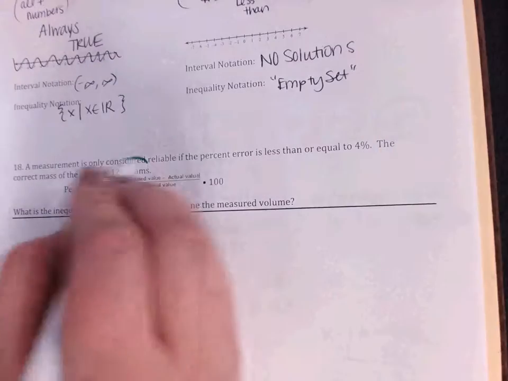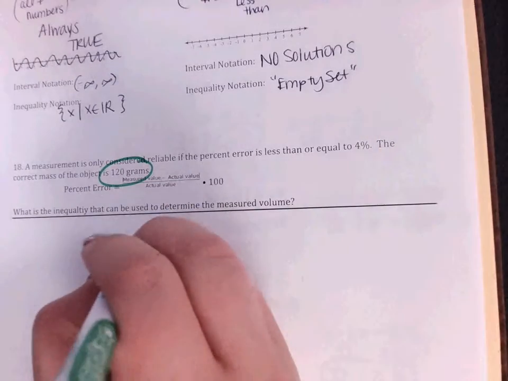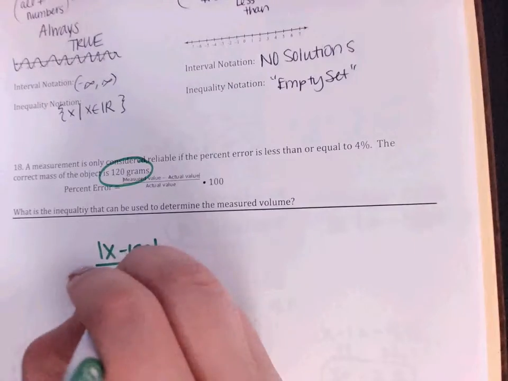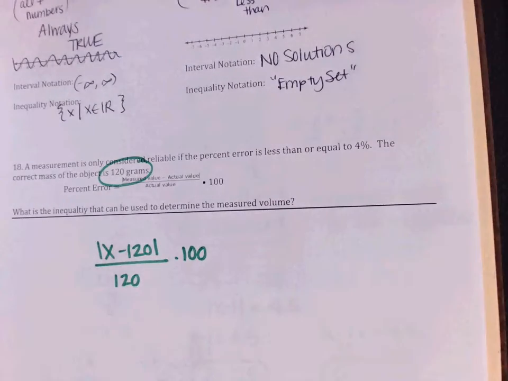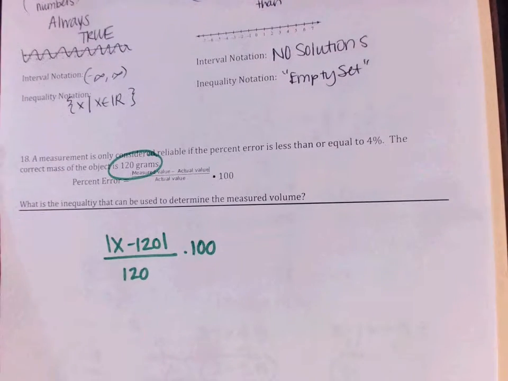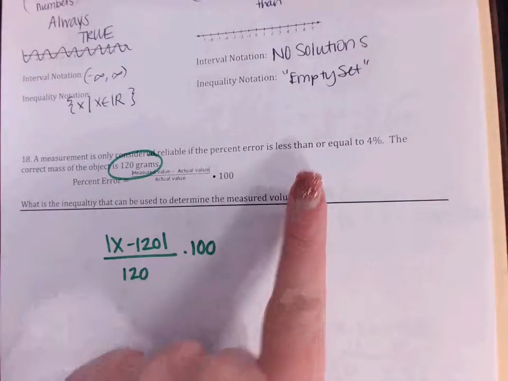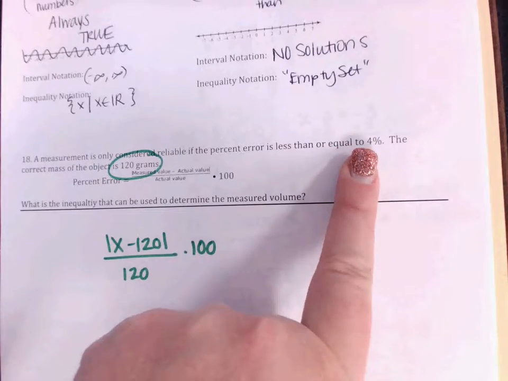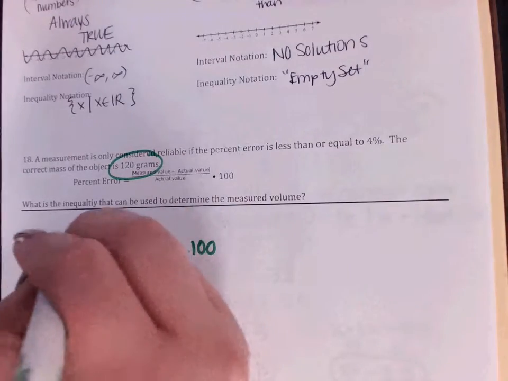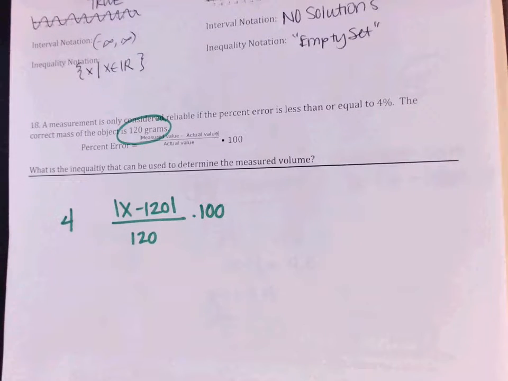The correct mass. 120 over 120 times 100. Now, it says that I want my measurement to be less than or equal to 4%. So if I put a 4% over here, I'm not going to put an equal sign. I want it to be less than or equal to 4%.